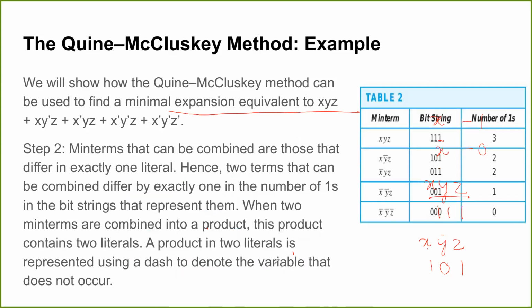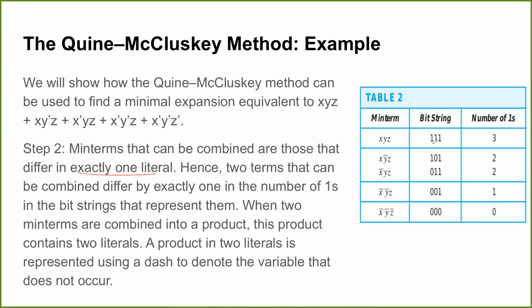What is the second step? In the second step, you consider the minterms and combine those which differ in exactly one literal. In terms of bit strings, it means that two minterms which we can combine should differ in exactly one of the positions.